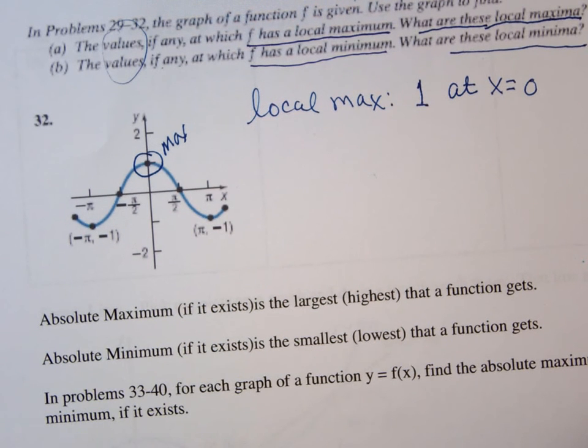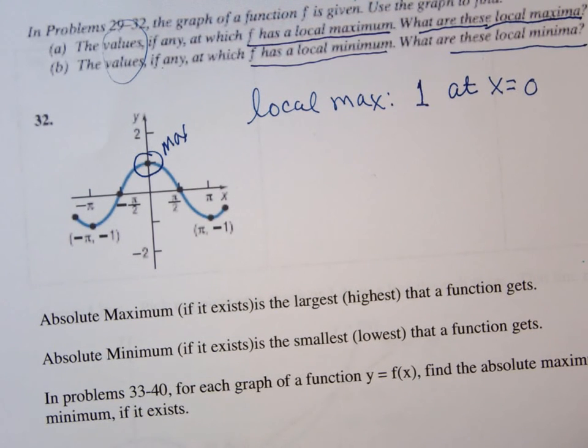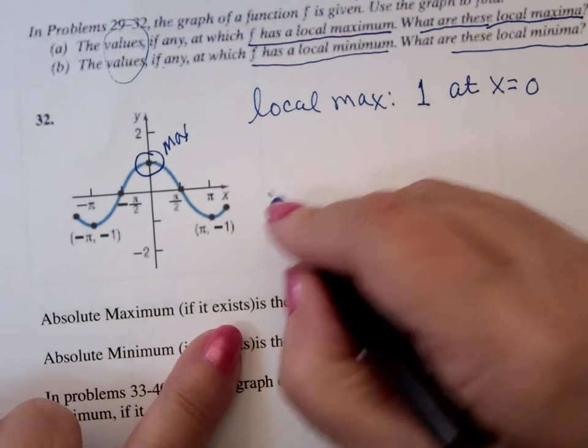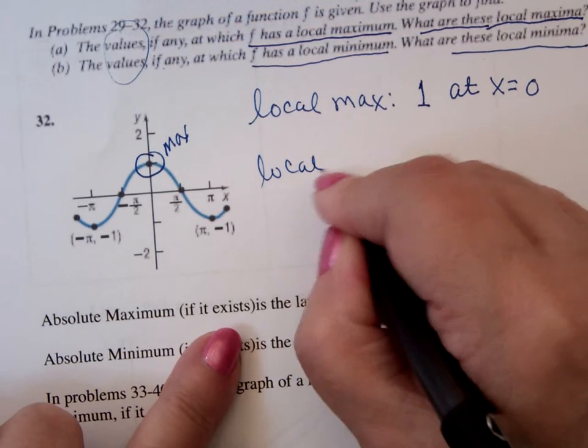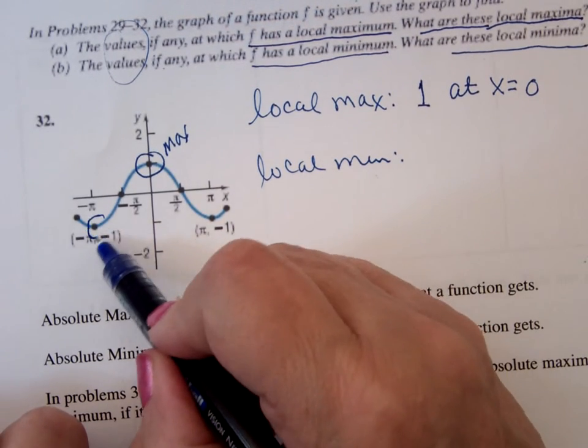X is where it occurs, and y is what it is. And then it says local minimum, and I notice he has two valleys.